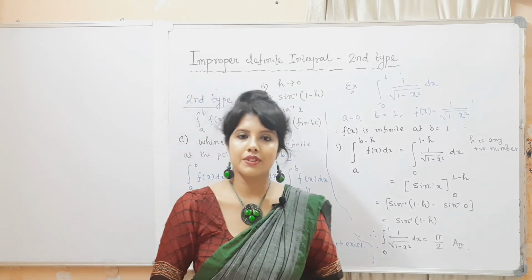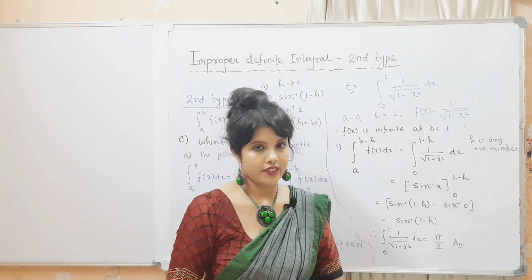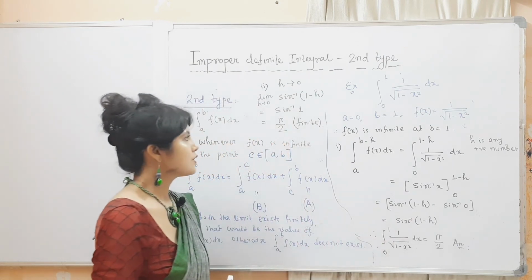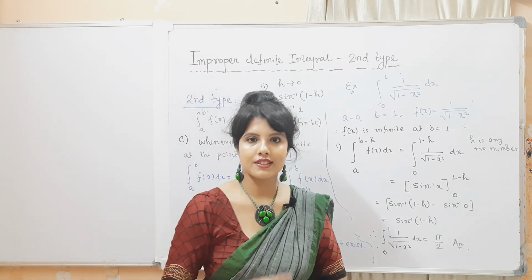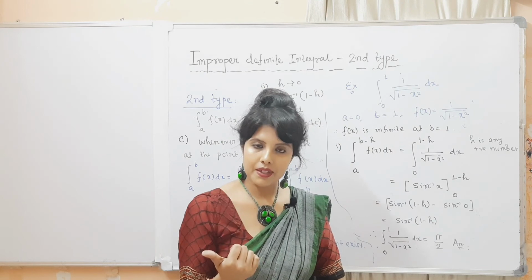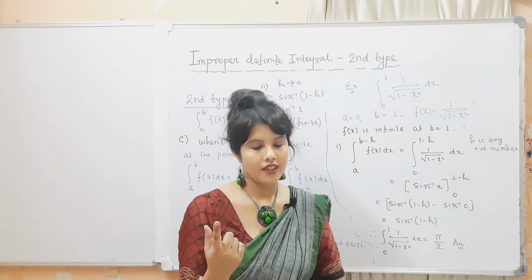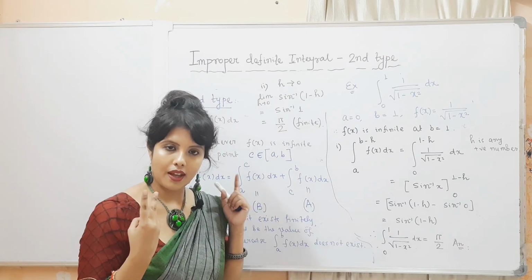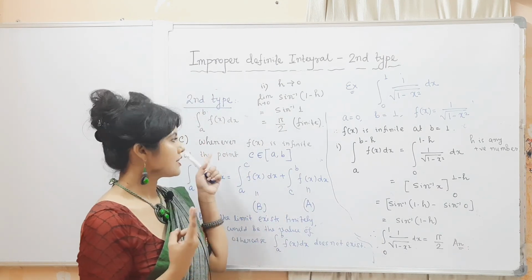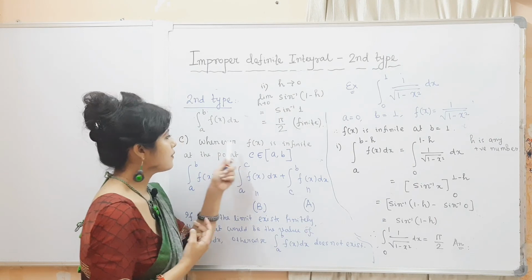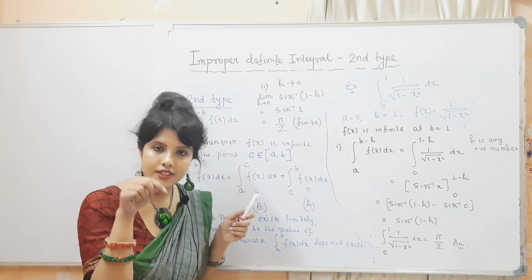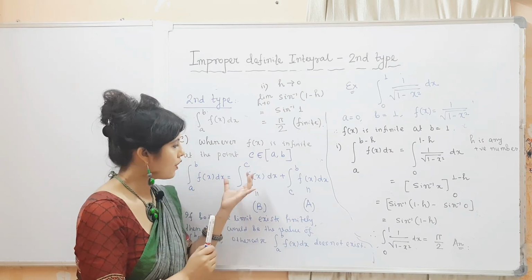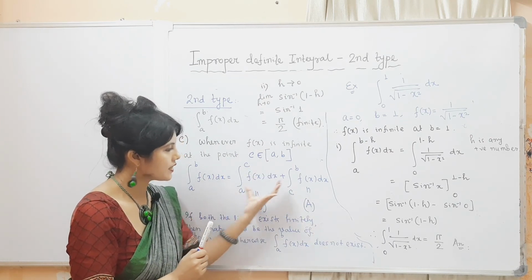So I have discussed three different sections of the second kind of improper definite integral. Section A is whenever f of x is infinite at the lower limit. In section B, whenever f of x is infinite at the upper limit. And section C is whenever f of x is infinite at some point c within the interval a to b, for which you have to decompose the integration like this.